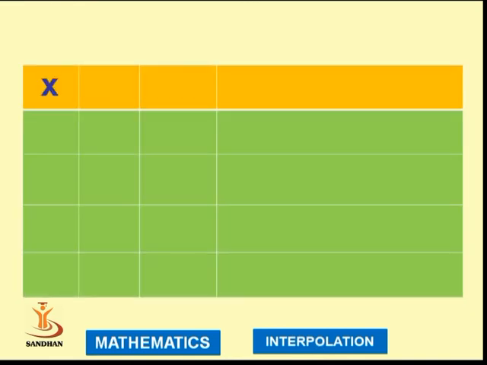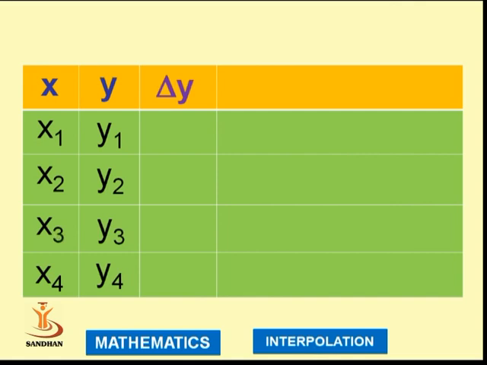Let us have a look at the tabular form. The values of x and y are given to us. We take the same example as we did earlier. And a little while ago, we computed the first order forward difference delta y, which is already known to us at this juncture. Now we need to compute the second order forward difference. And as I mentioned earlier, the second order forward differences are the differences of the previous, that is the first order forward differences.